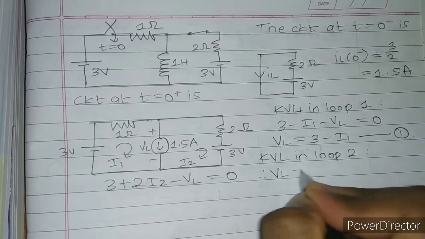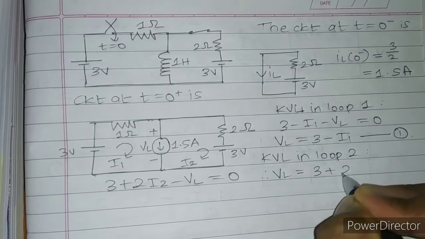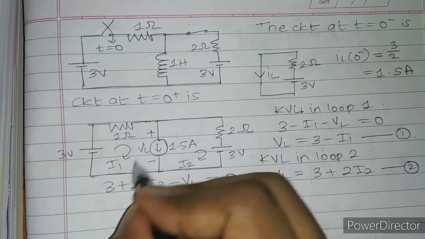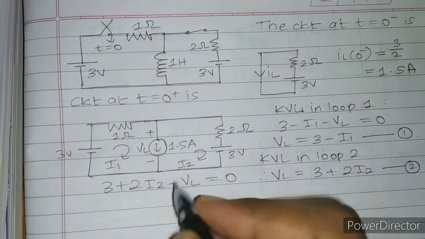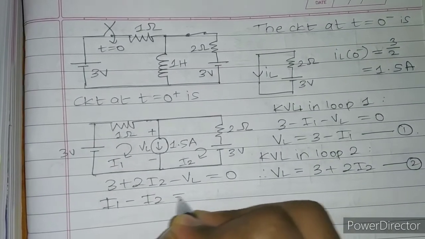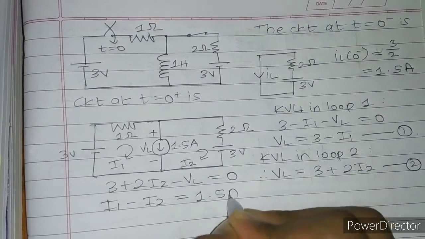Therefore VL is equal to 3 plus 2I2. Let's name this as equation 2. From the circuit we can see that I1 minus I2 will be equal to 1.5 ampere. Let's name this as equation number 3.